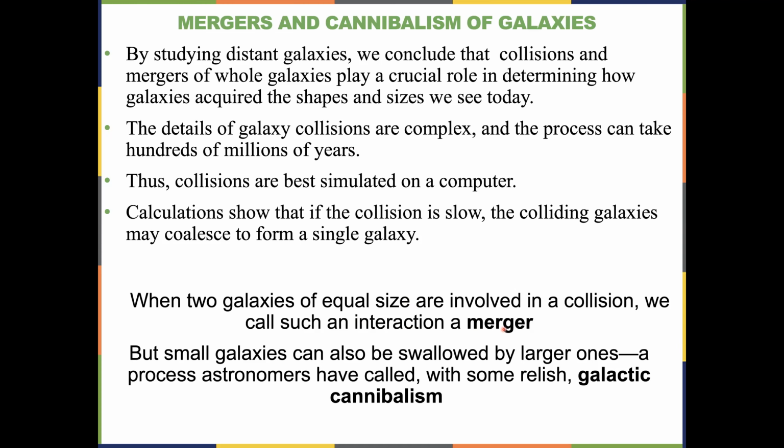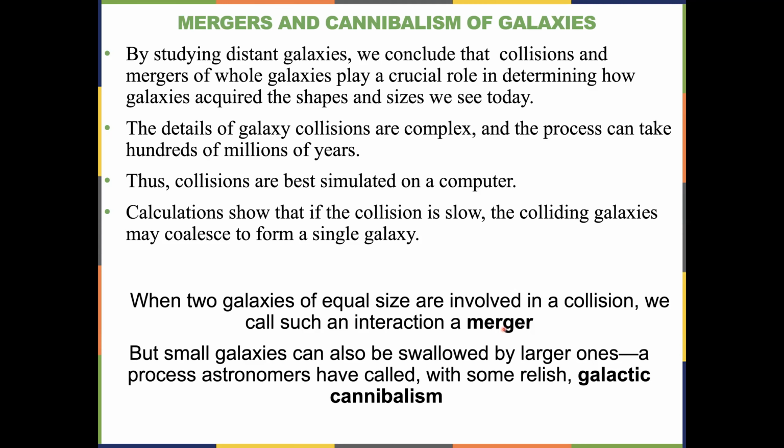And the other type is when we have a small galaxy and a large galaxy. It's obvious that the large galaxy can attract the small one, and we say that the small galaxy can be swallowed by the larger one, right? And this process is called galactic cannibalism, right?